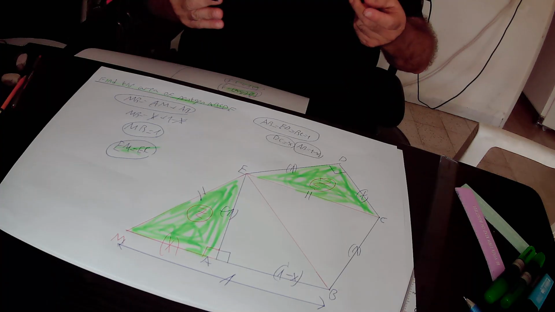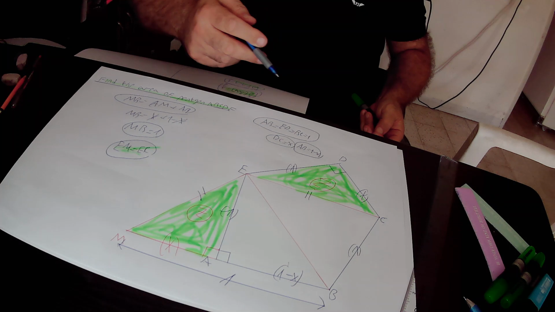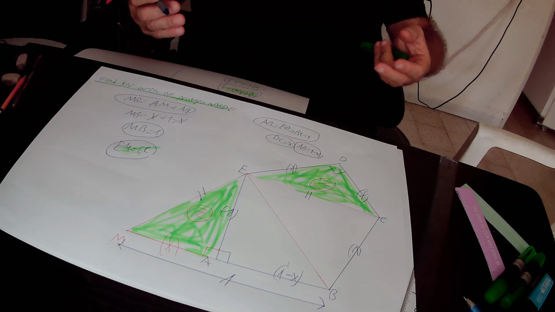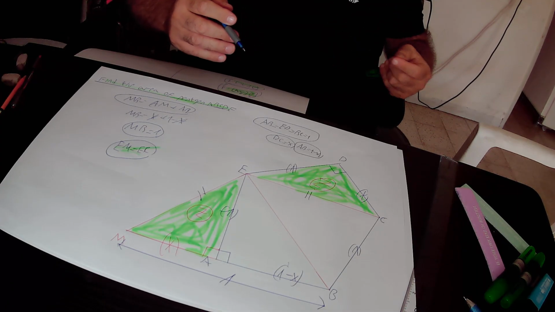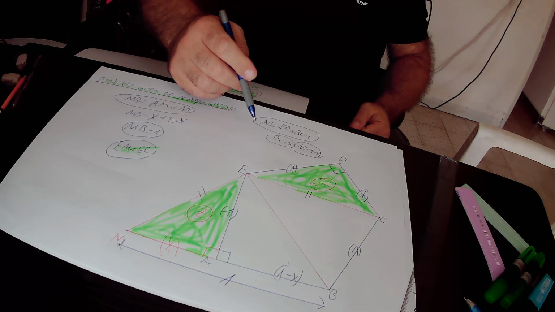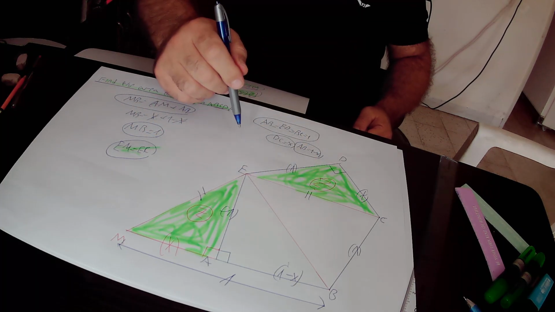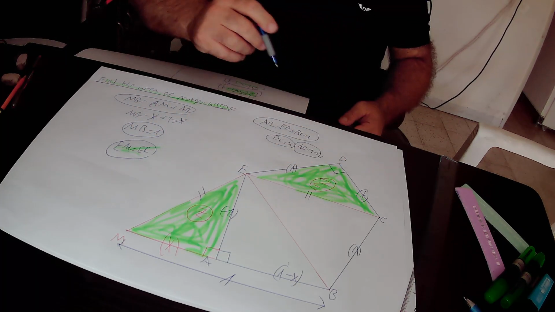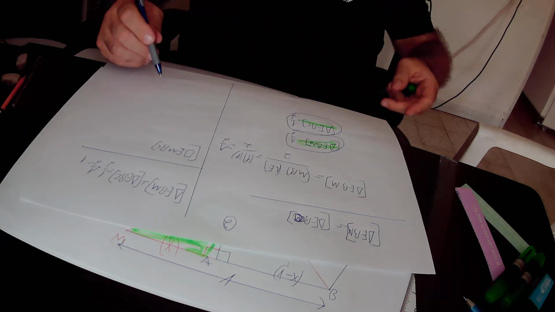And therefore, the area of the big quadrilateral EMBC will be equal to the sum of the areas of the shapes that it consists of. That is to say, it will be equal to the area of triangle EMB, that is 1 half, plus the area of triangle EBC, that is also 1 half. Therefore, in total, it is equal to 1.